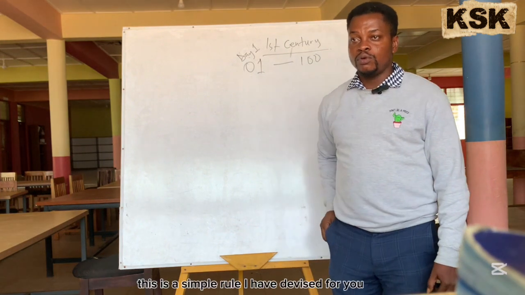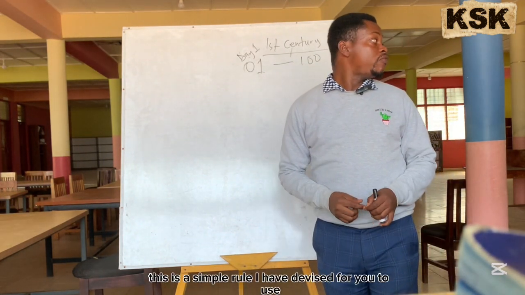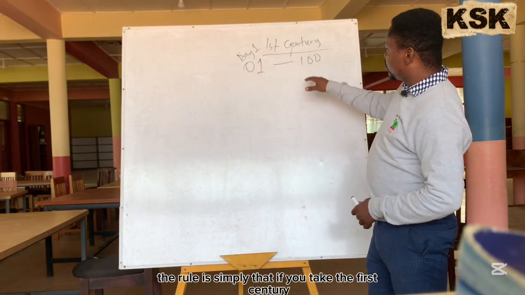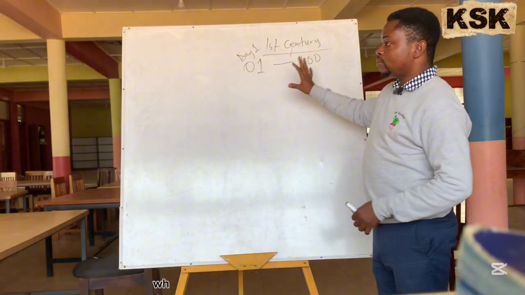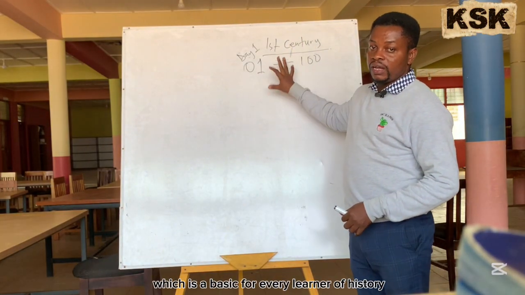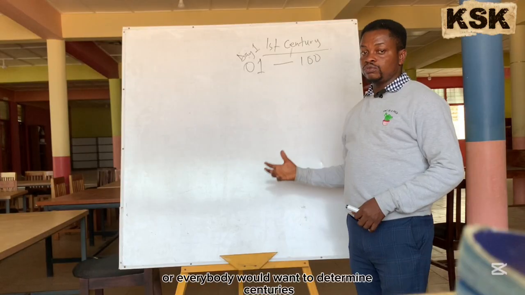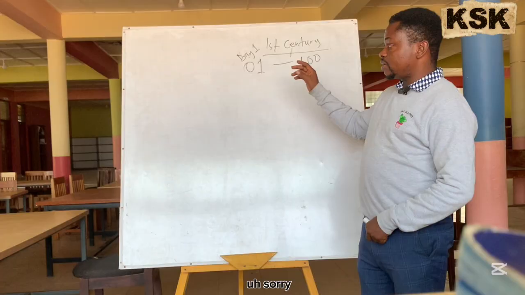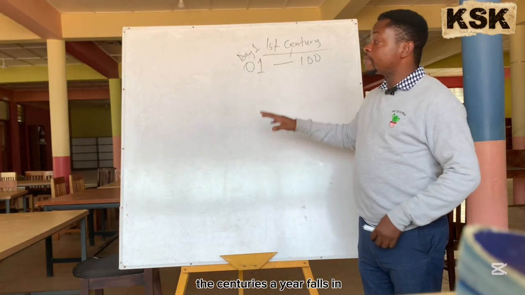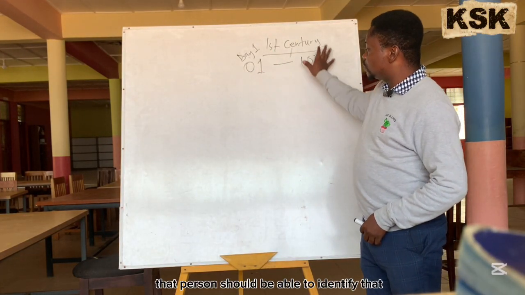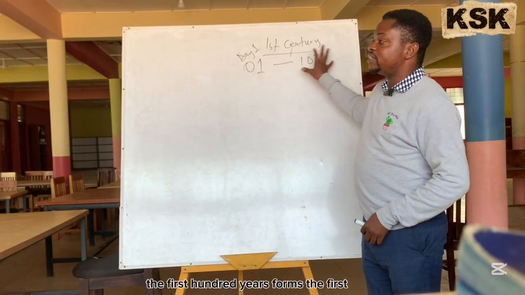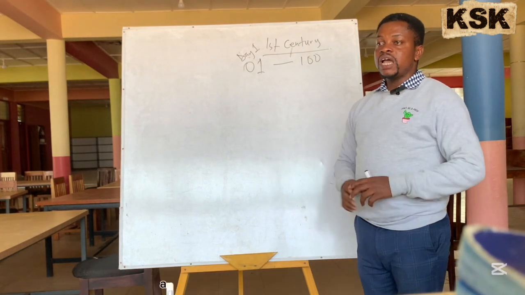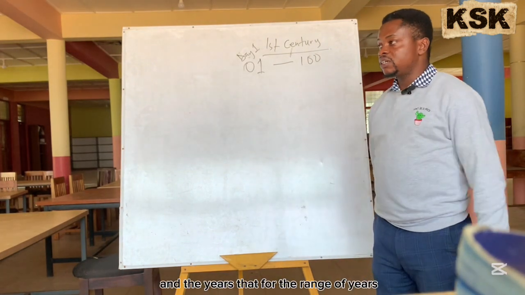This is a simple rule I have devised for you to use. If you want to know subsequent centuries and the years that form the range of years, this is the rule.